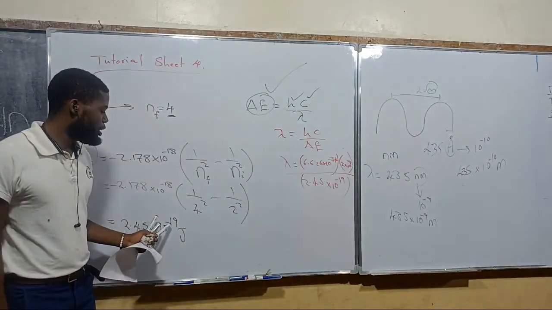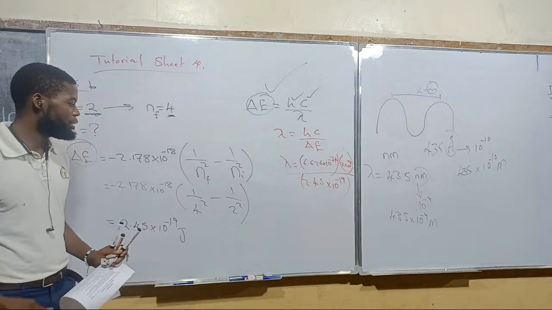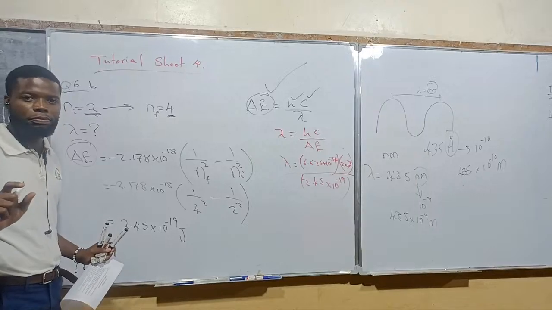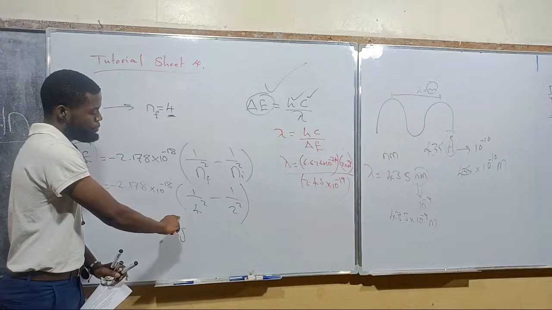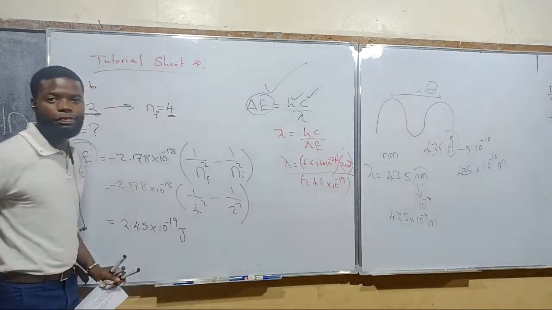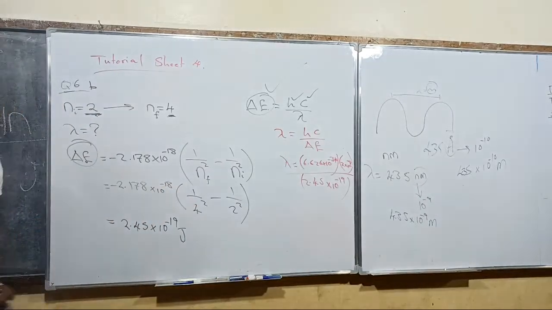If you get something like negative 26, you need to recheck your calculation. That's the reason why I told you, if you want to be comfortable with this topic, make sure you deal with brackets. So you open brackets 1 over 16 minus 1 over 4, and the answer that you get, you multiply with the constant value.